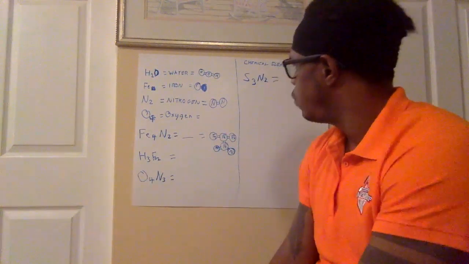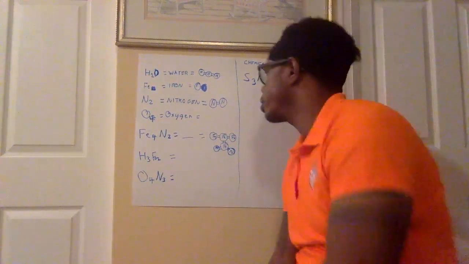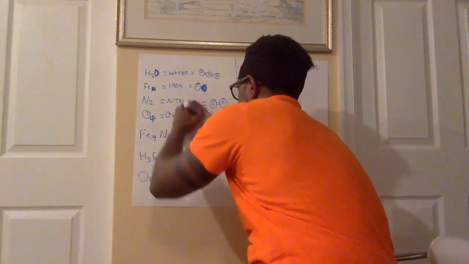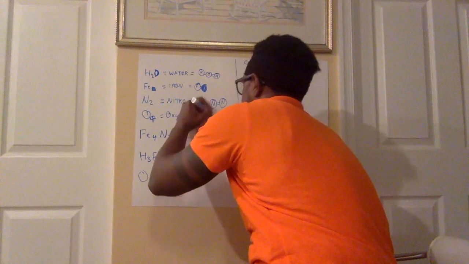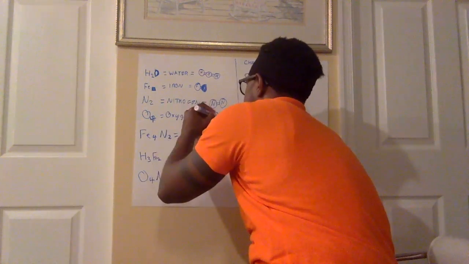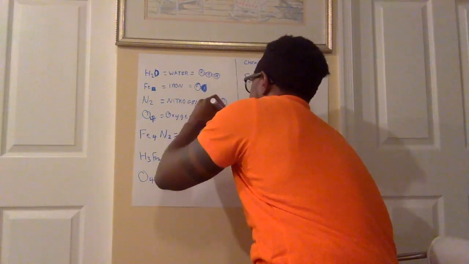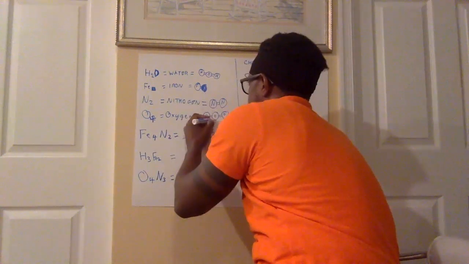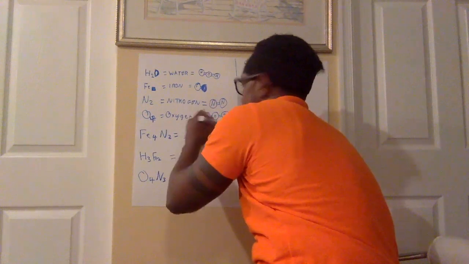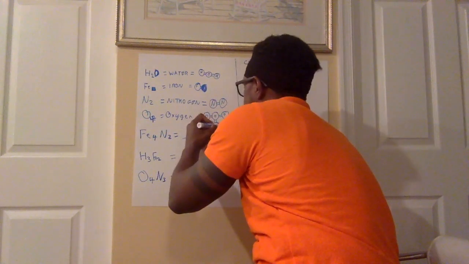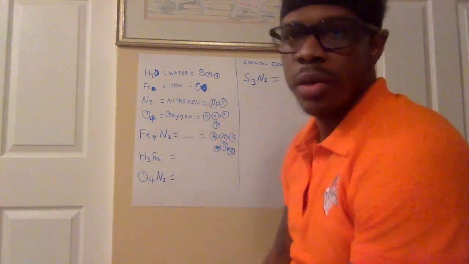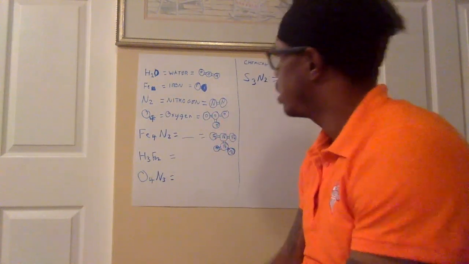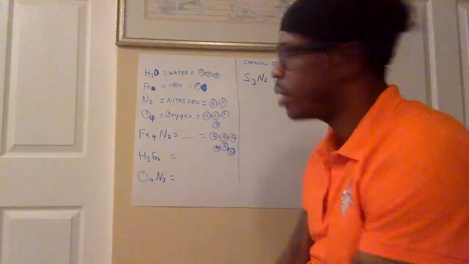If you were to draw out O4, you would put 1 oxygen atom connected to another oxygen atom connected to another oxygen atom, and it doesn't really matter where, I'll just put it here, connected to another oxygen atom. So now we have 4 oxygen atoms. That's what that means.